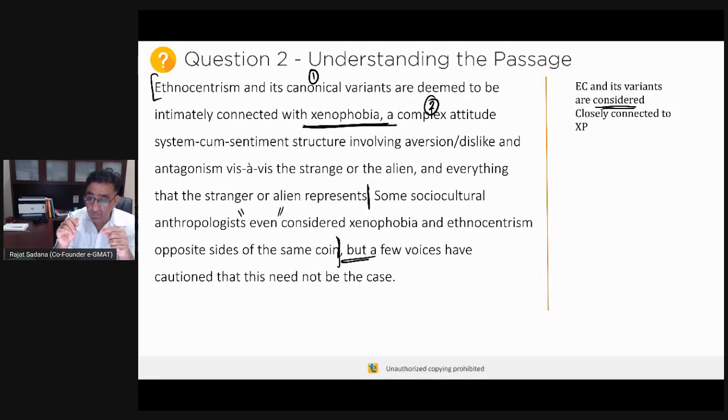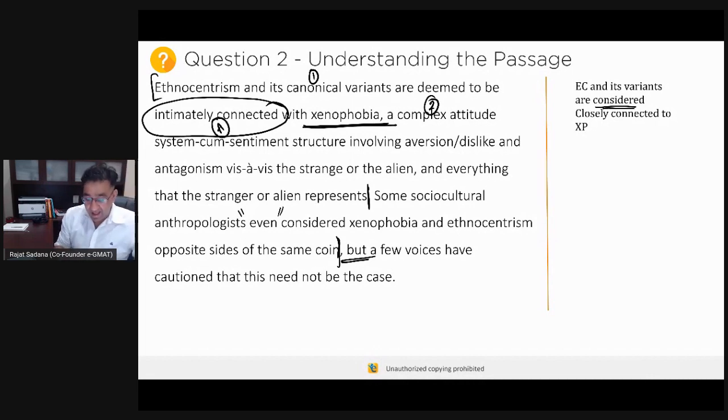Okay, continuing from what? Going one step further. Yes. No, he's not saying he disagrees or agrees. What he's saying is, remember what's going on in the first line. In the first line, we say EC and its variants are intimately connected with xenophobia.